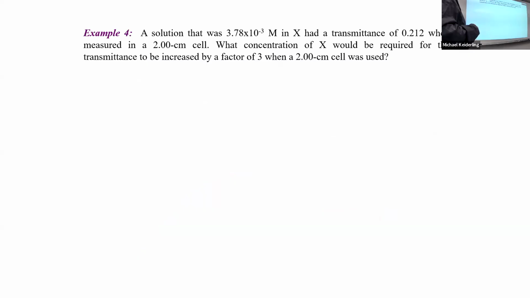So how do you know when to do it? Well, Beer's law is always proportional to absorbance. So if you want to do calculations about concentration with Beer's law, you're going to need to convert to absorbance. This gives you transmittance, and it says it's transmittance. That's how you know.